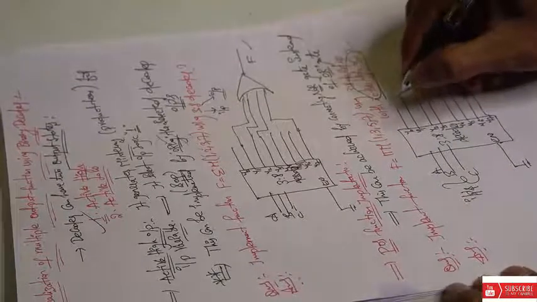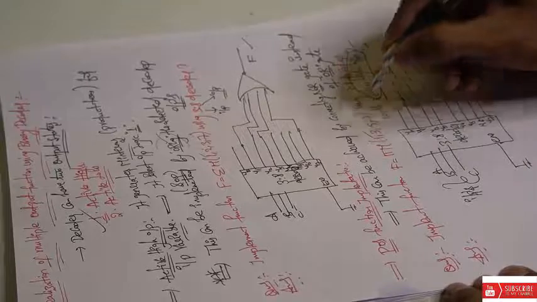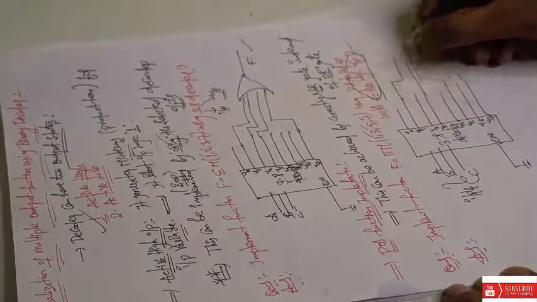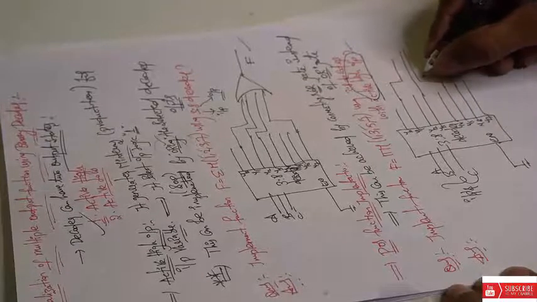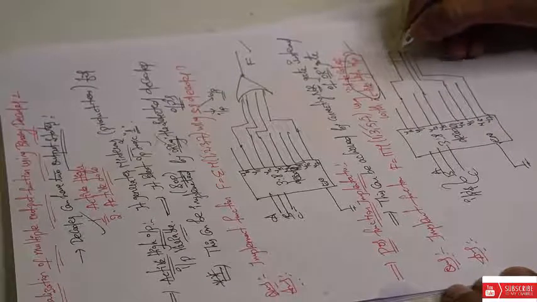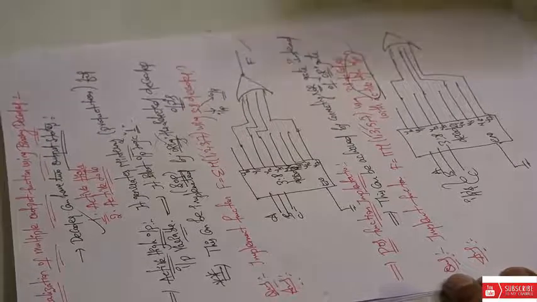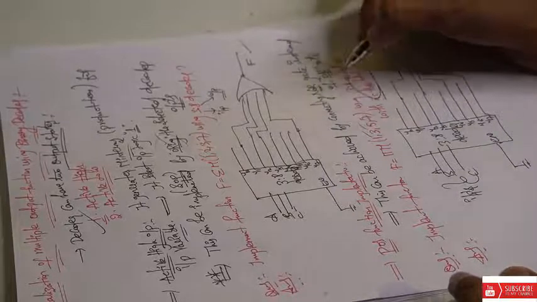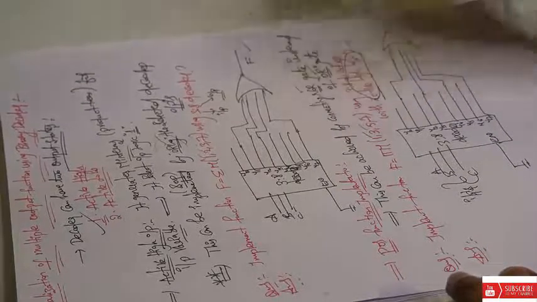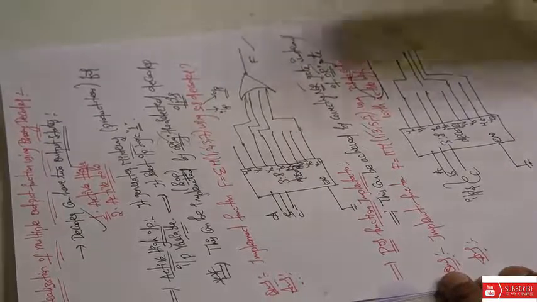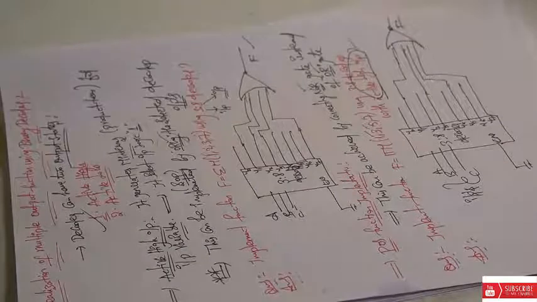Here they asked for 1, next 3, next 5, next 7. Here you make it by connecting the NOR gate, and NOR gate means just the complement of OR. In this way, you will make the active high output using the 3:8 decoder.